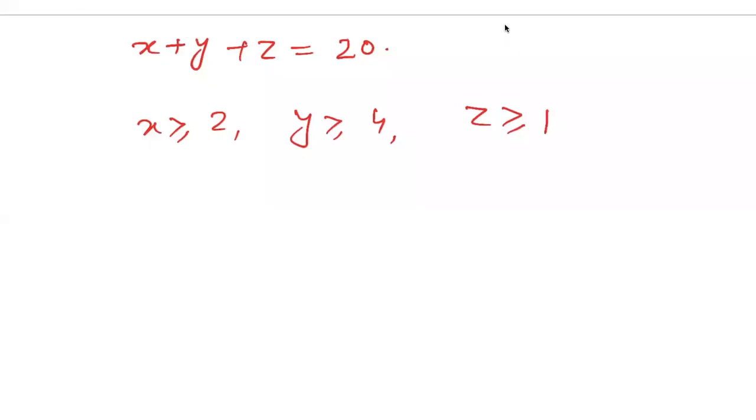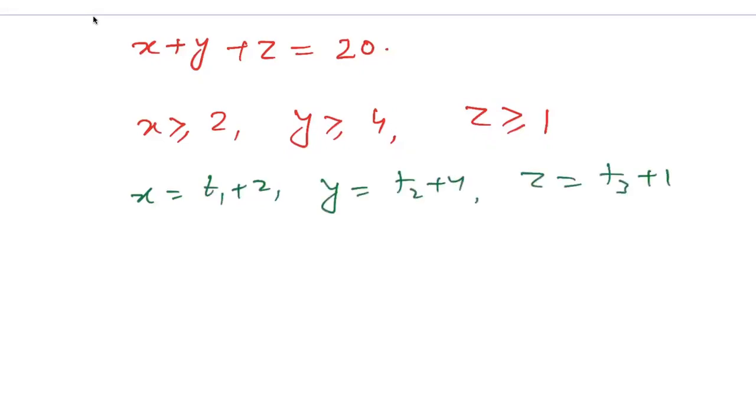So how can we go for this? If you see this, three cases are given, and in those cases we have to take care how to go about it. So first, x is equal to t1 plus 2, y is equal to t2 plus 4, z is equal to t3 plus 1.